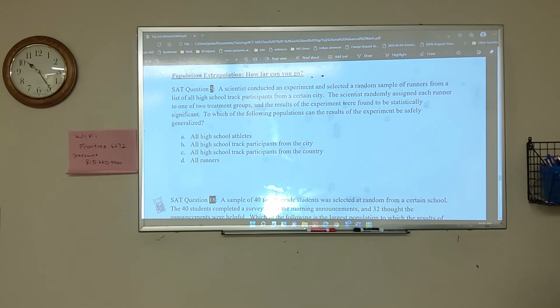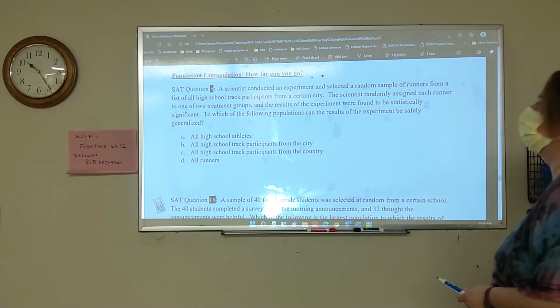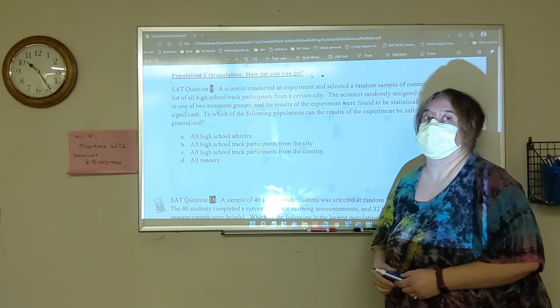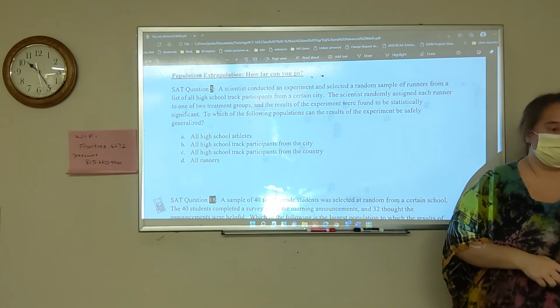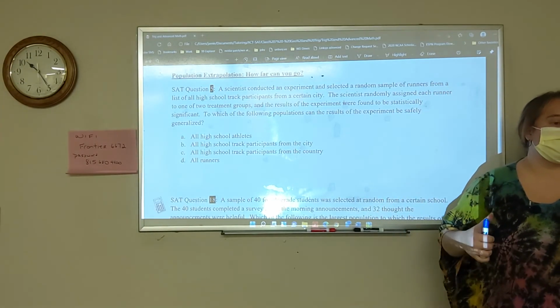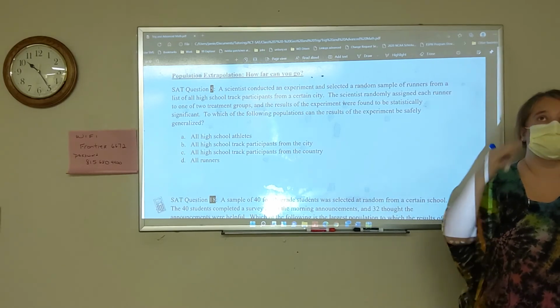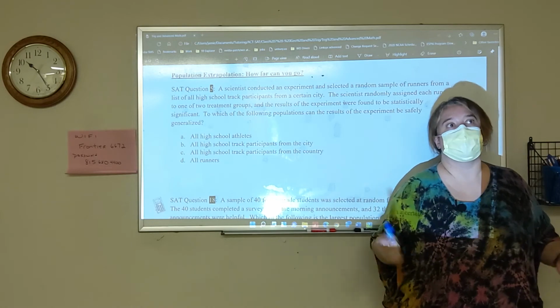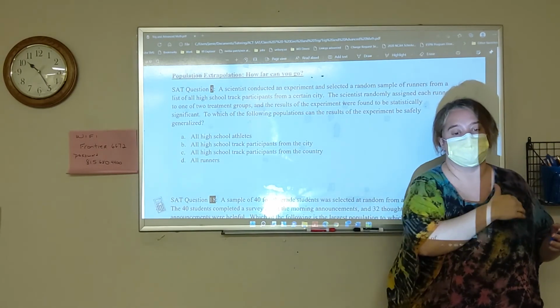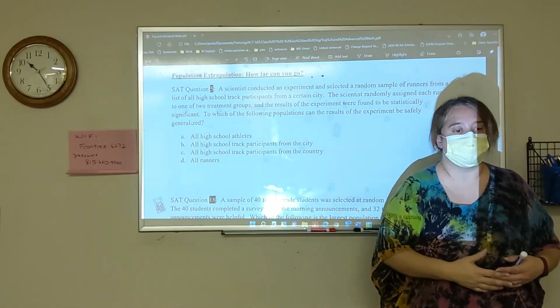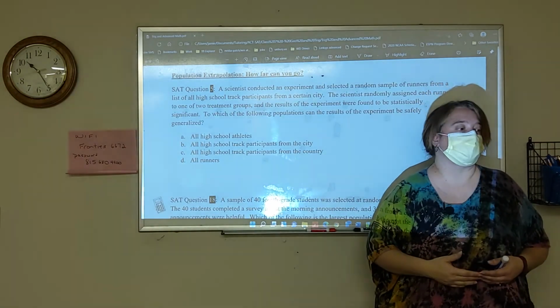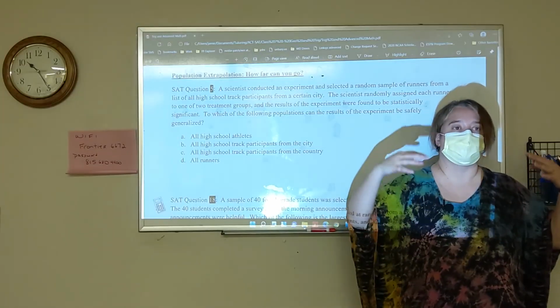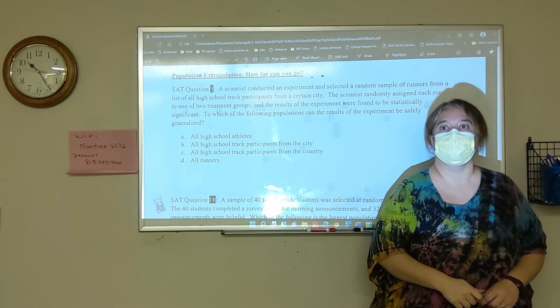Population extrapolation. So what this is talking about, let me just give you an example. Let's say I went to Newsom High School and I took 20 freshmen from the school. I asked them a bunch of questions. I found the results to be statistically significant, and then I wanted to draw conclusions based on those results. Okay?